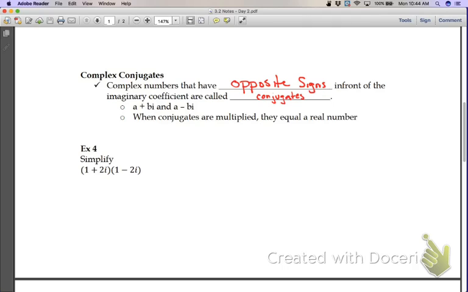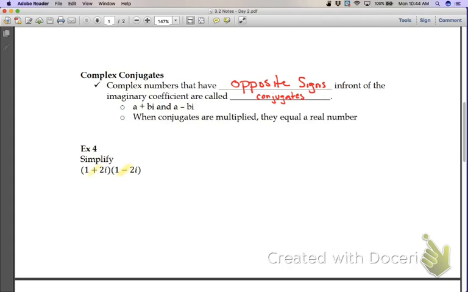The only thing that's different is the sign in front of the imaginary value, because whenever we multiply, we don't want to have an imaginary number left.